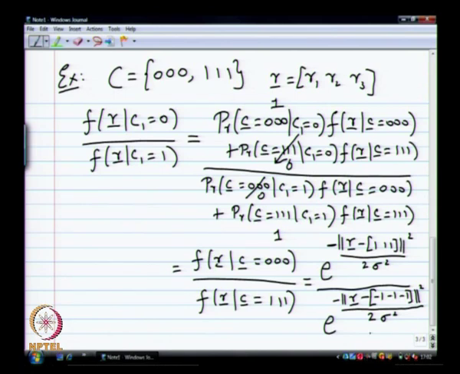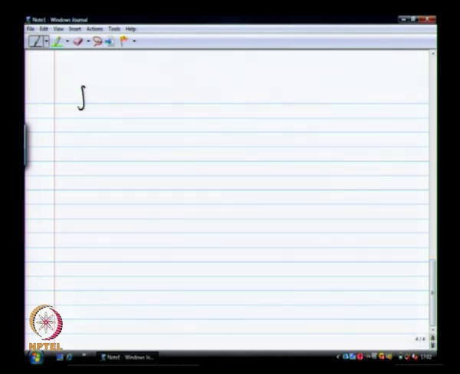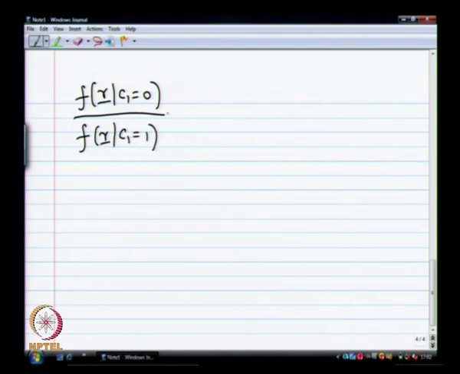In fact we can simplify this a little bit more. After all this is just a sum of squares. If you simplify it a little bit more, let us see what you get in this case. You can show f of r given C1 is 0 divided by f of r given C1 is 1 will work out to e power 2 by sigma square times r1 plus r2 plus r3.